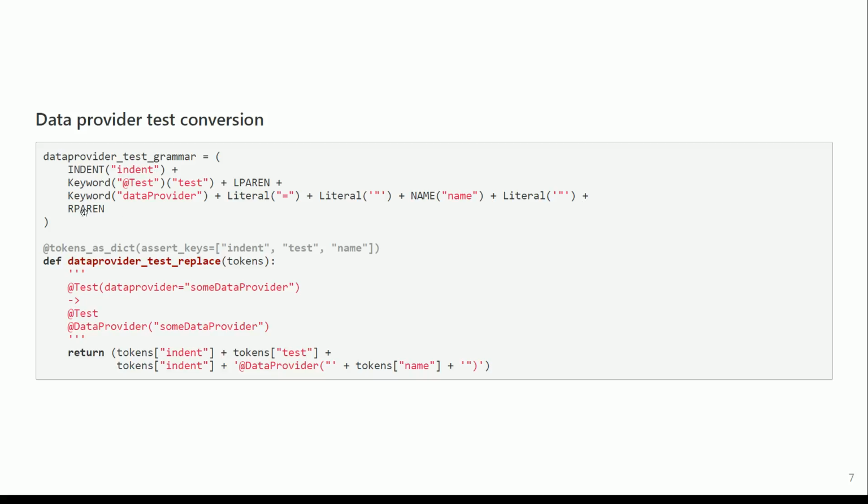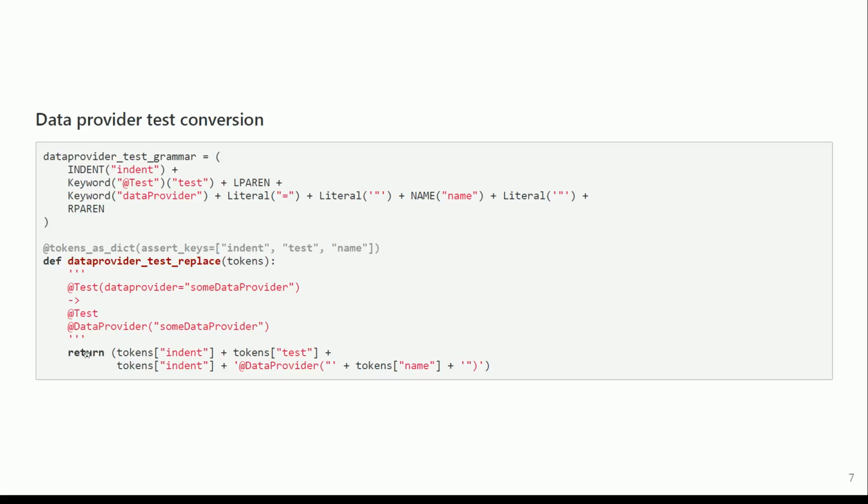Left parenthesis, then keyword data provider, which we don't need, so that will be thrown away. Equals, and everything that is not named will be thrown away. Then we have some name string, and basically closing quotes and right parenthesis.